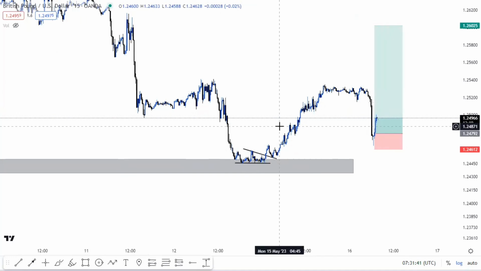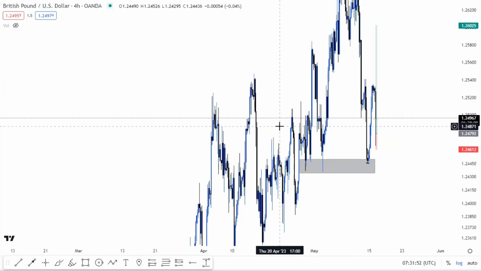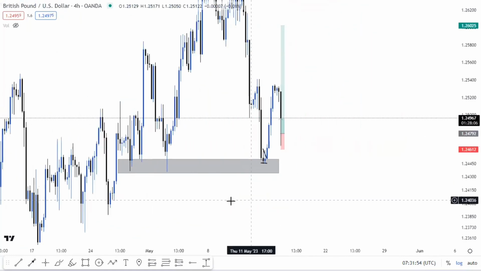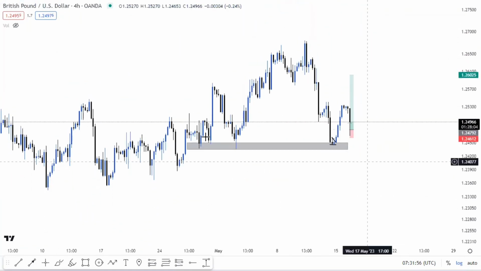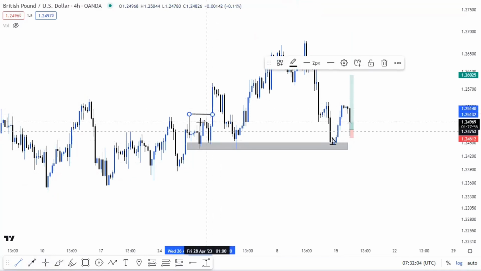I just want to break down the pound dollar trade for you guys, but first we have to look at the 4 hours time frame, so that you get to see the reason why I took that buy. First and foremost, the market has been trading above this high after the break. This is a break of market structure. The market came back to this area and then pushed to the upside.